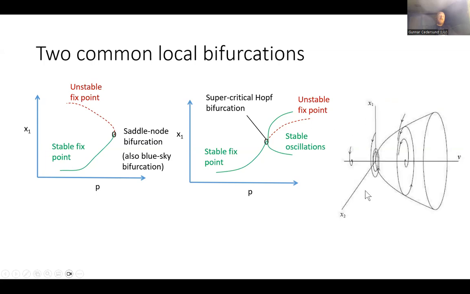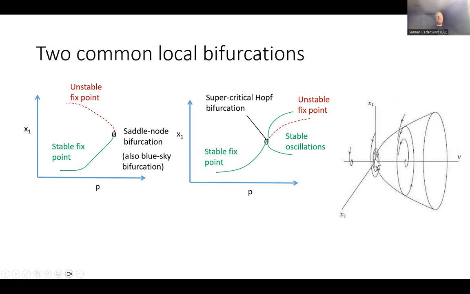If we look in a three-dimensional plot here, and this is the one from the first page, we have the bifurcation parameter on the x-axis, x1 here, and x2 here. Before the Hopf bifurcation, we will have something that looks like a limit cycle, but the limit cycle collapses down to a point.